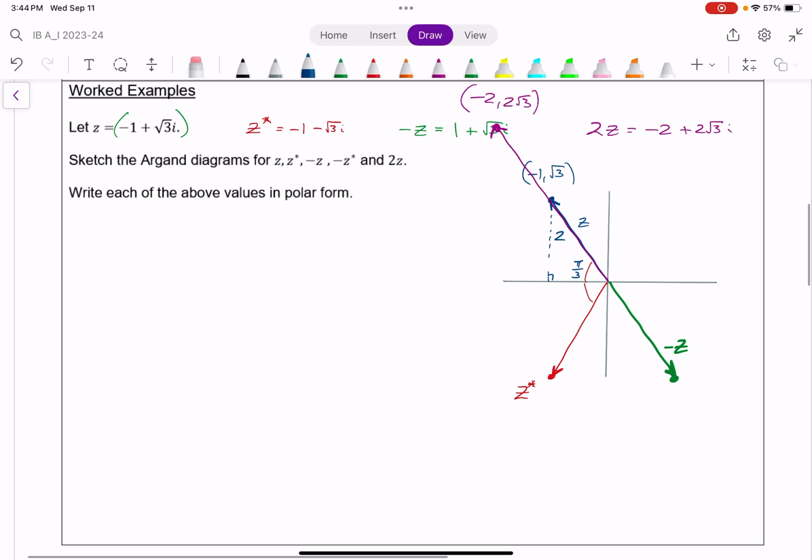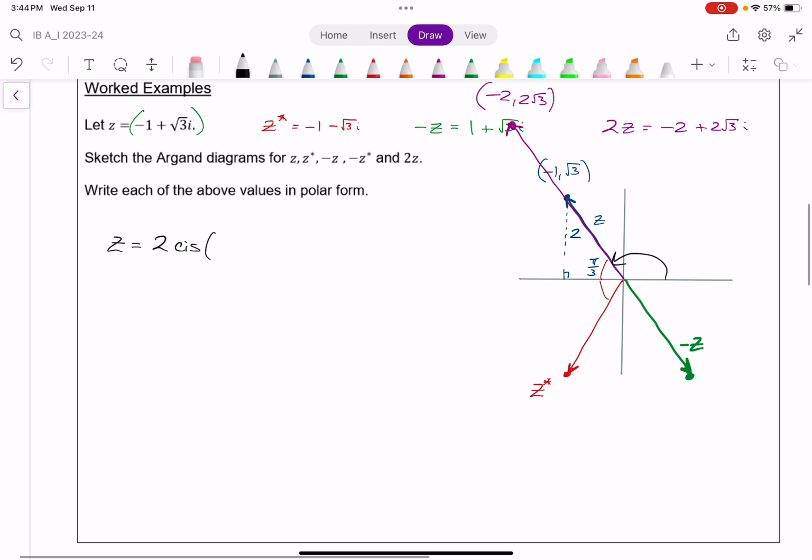And so therefore, in polar form, z would be 2 times CIS of this angle right there, which would be 2 pi/3. Alternatively, in Euler form, it would be 2e to the power of 2 pi/3 times i. I won't do that for every one, though.